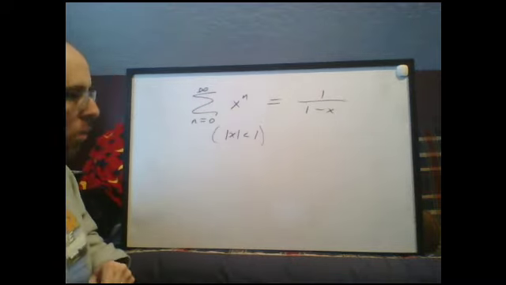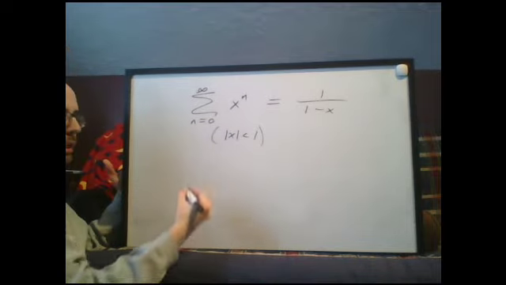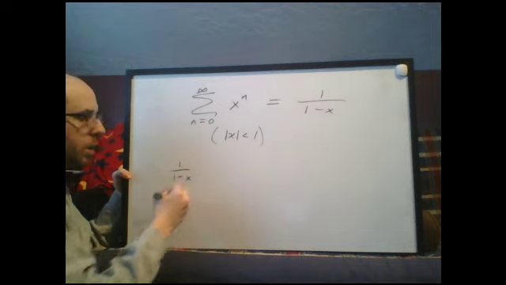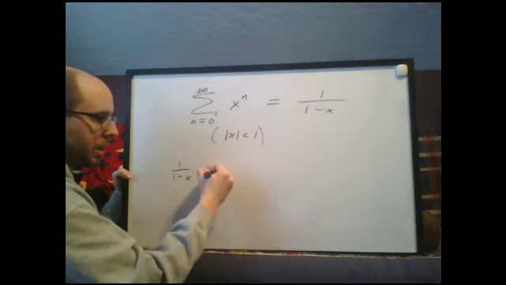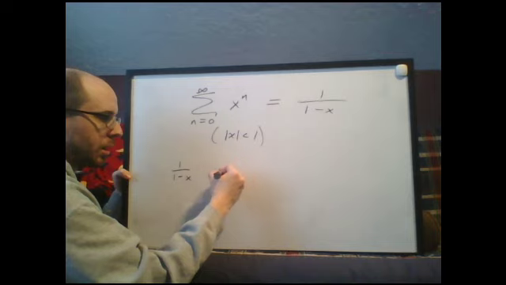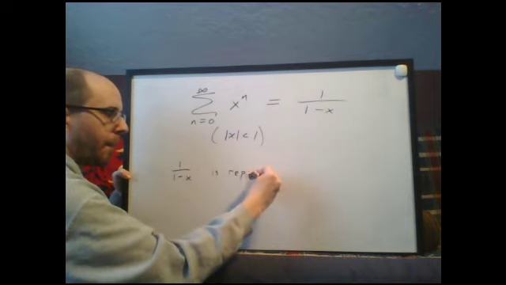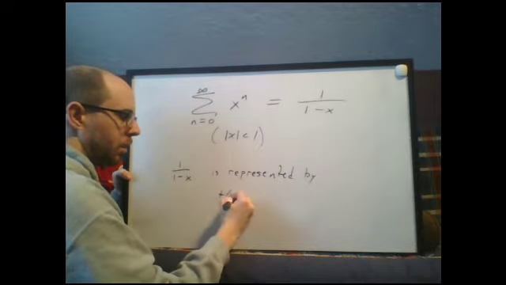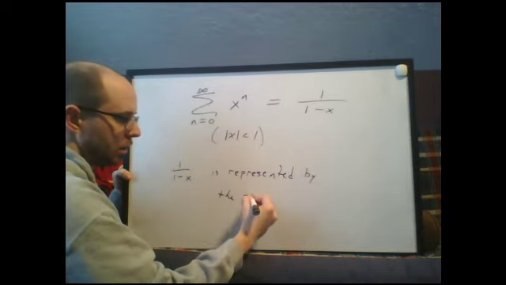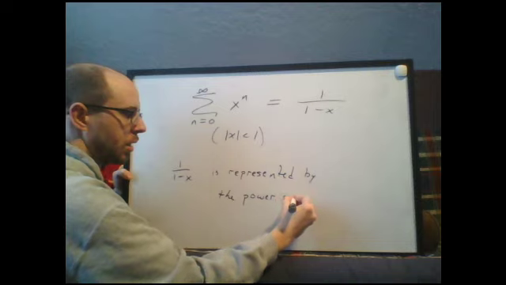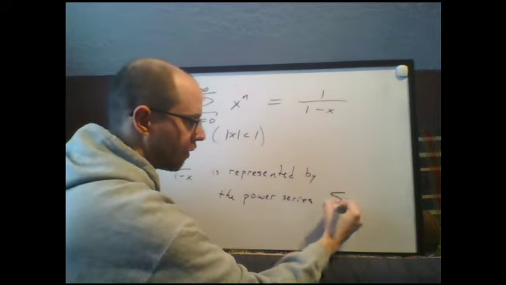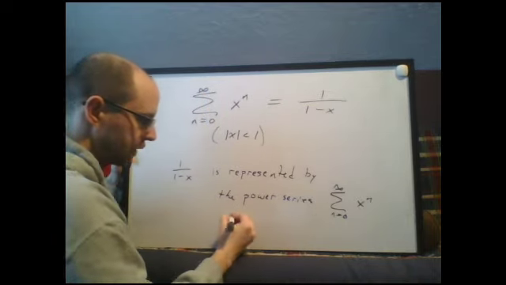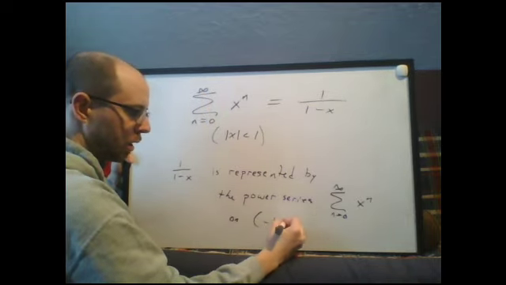So, in other words, let me just rewrite it, but say the same thing, but from a slightly different perspective. 1 divided by 1 minus x can be represented by the power series, this, on the interval -1 to +1.